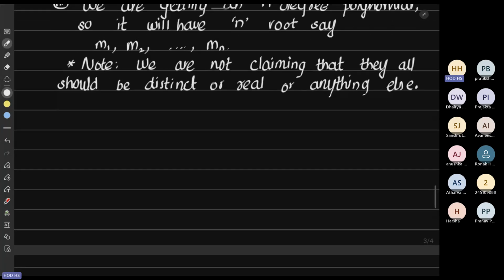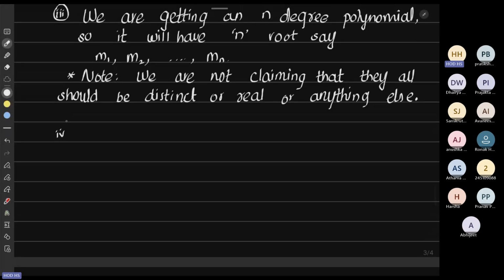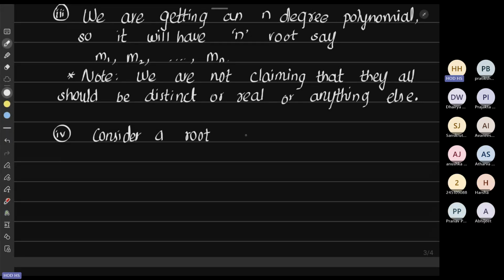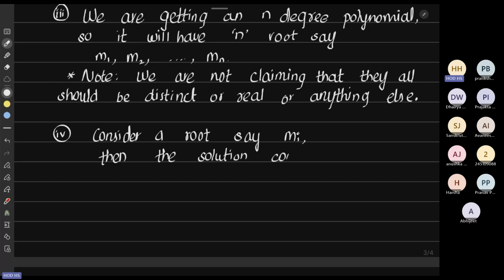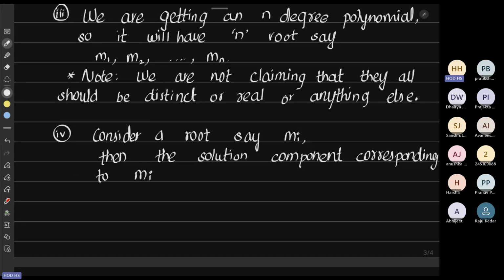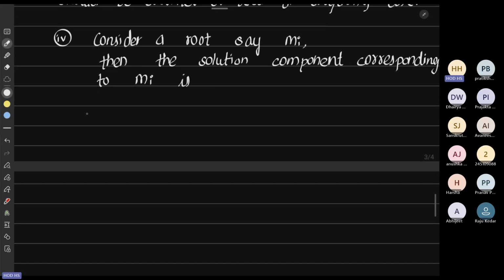Now, depending upon how my root looks, I'll write the solution component for a root. Consider a root, let's say mi. Then the solution component corresponding to mi has three cases.